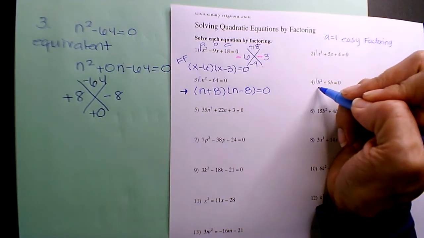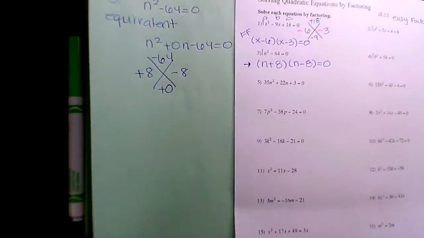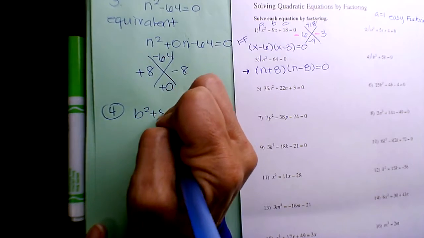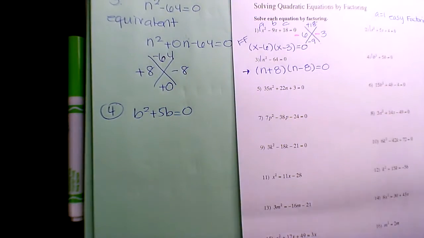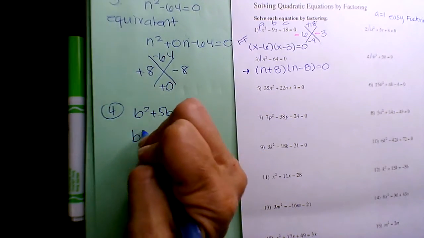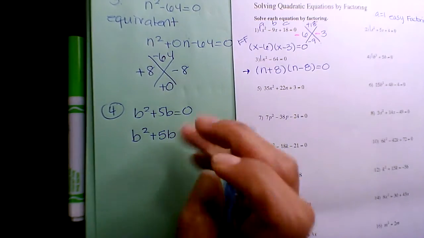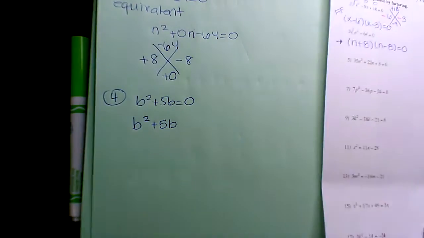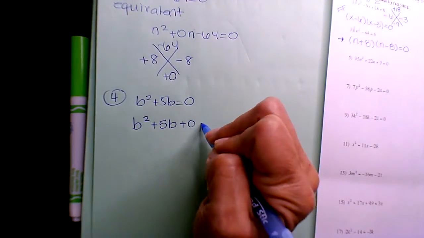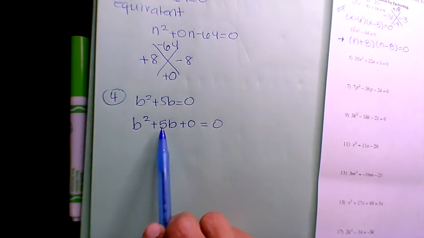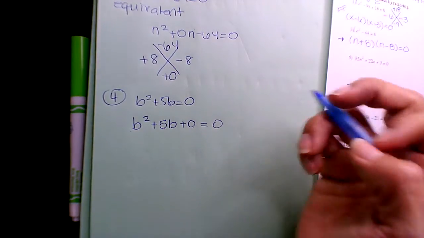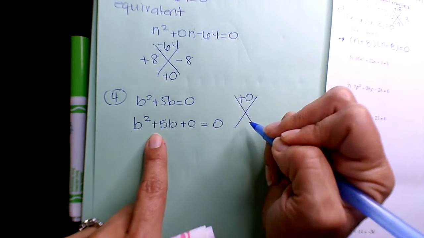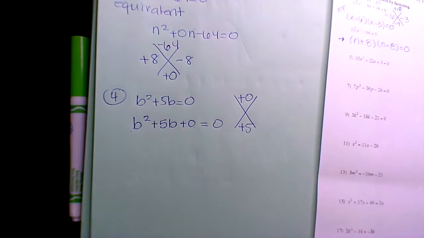All right, let me do 4 over here so I can write bigger. The equivalent to what you see: my C value is 0, right? My A is 1, my B is 5, right? But you don't see a constant value, so A, B, C. So magic X, what two numbers multiply to 0 but add up to positive 5?